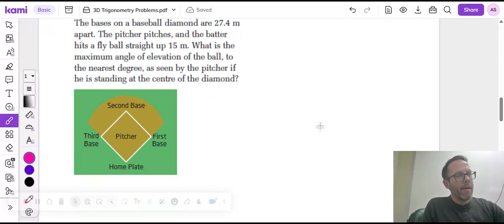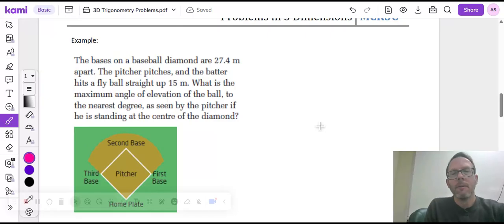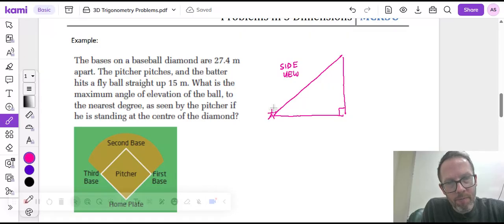All right, I'm gonna put my artistic skills to the test here. What are we trying to find? I'm actually going to draw a little, I'll call this a side view of the problem. Side view, I can spell. Here's my pitcher.